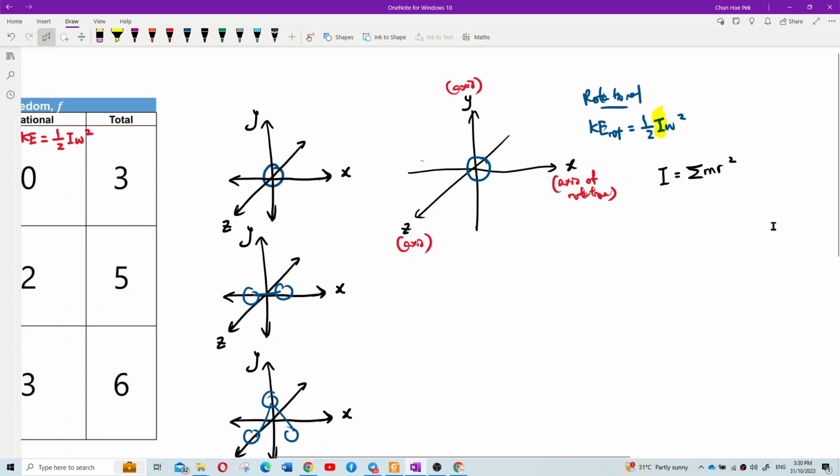Understand? So that means the r is 0, so the moment of inertia is 0. So for rotational kinetic energy, half I omega square, the I is 0. So of course the rotational kinetic energy is 0.